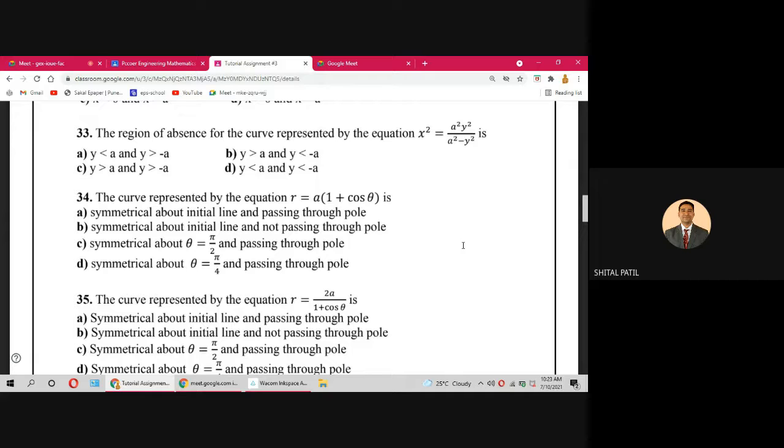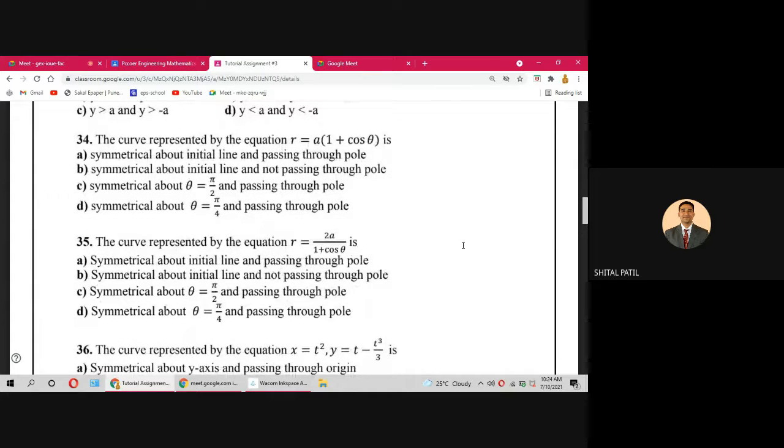Okay, next question number 35. We have not studied this example in the class and we have not got that much time. This is the equation of parabola, huh? r equal to 2a divided by 1 plus cos theta. Okay, doesn't matter whether this is equation of parabola, hyperbola or cardioid. Whatever the options are given, we want to check them.